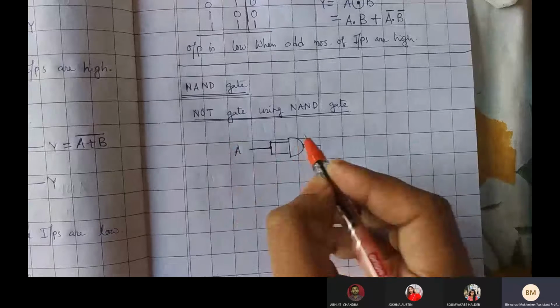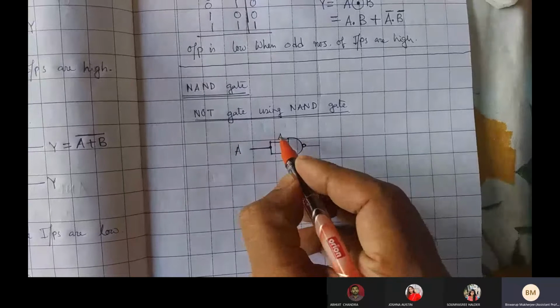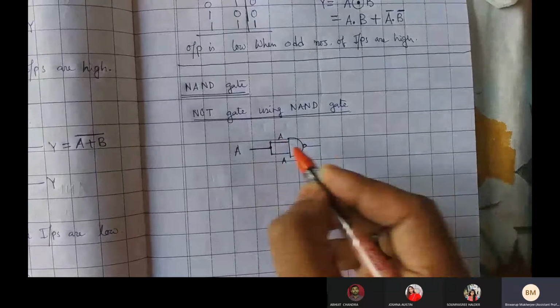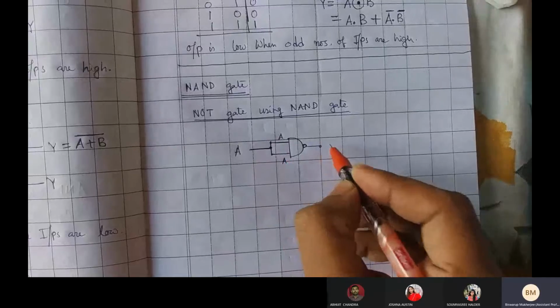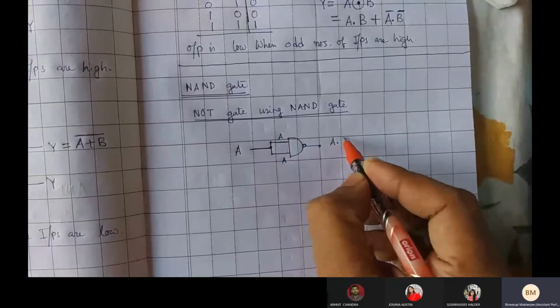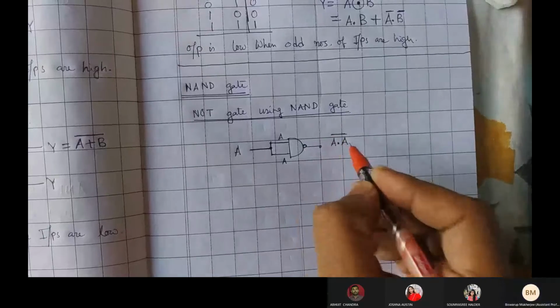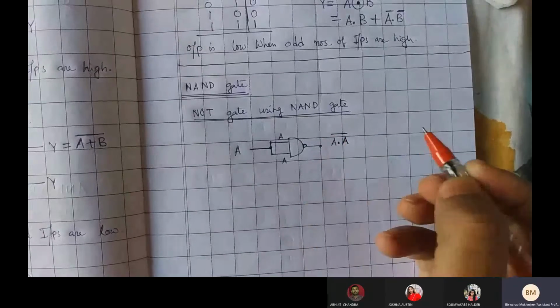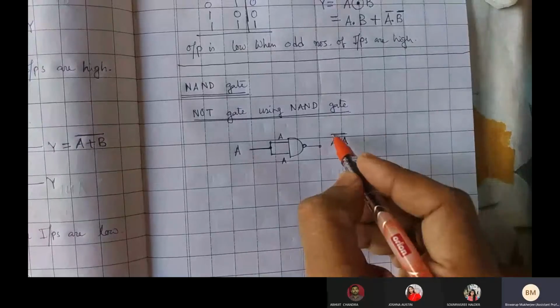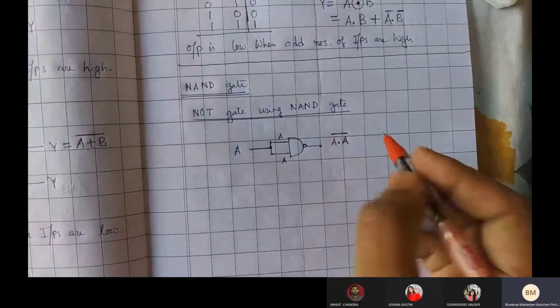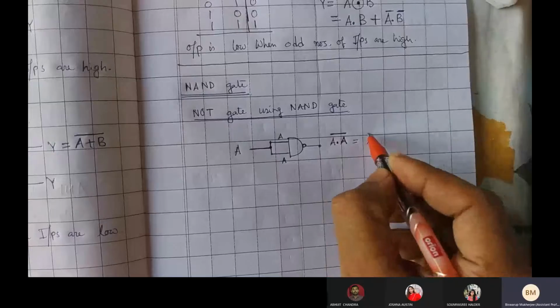We provide A here, so A and A both are coming, and the output would be A dot A whole complement.